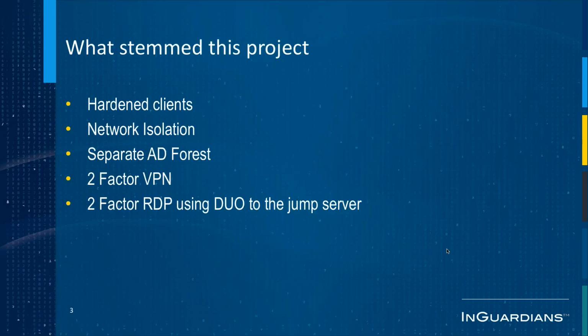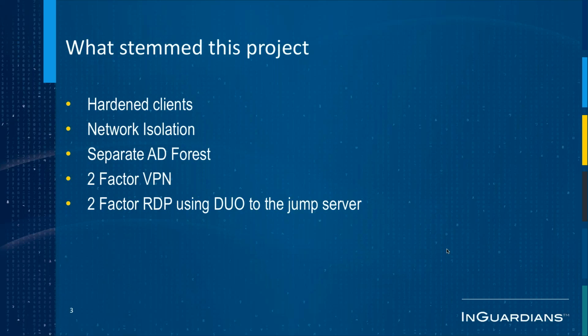All right, so what stemmed this project? At InGuardians, we have a lot of clients where, after a period of time of us providing recommendations, security architecture reviews, purple teams, red teams, and the gamut of services that we provide, it starts to become more difficult because of network isolation or certain environments in separate AD forests, two-factor VPN.